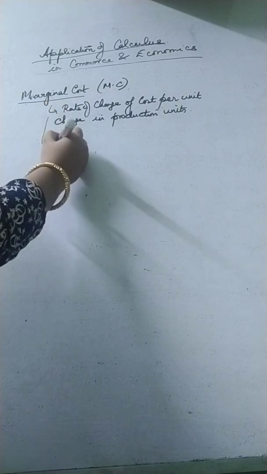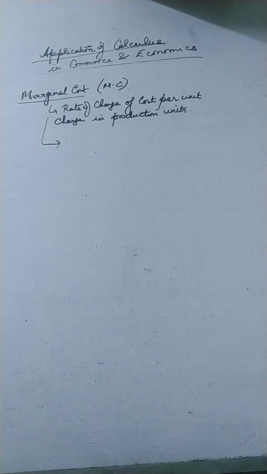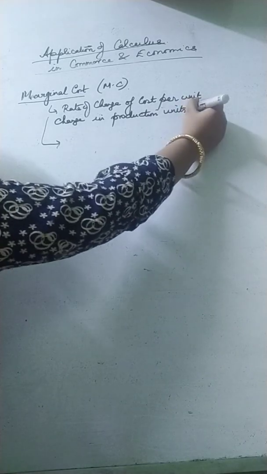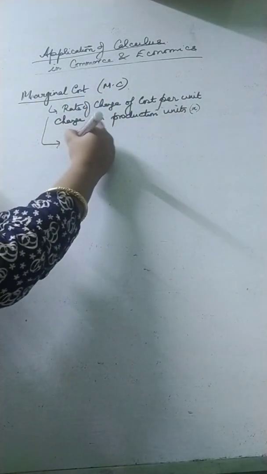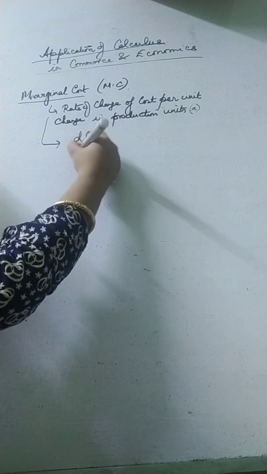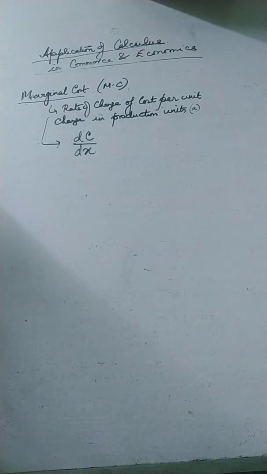And rate, as you know, means rate of change of quantities. dy dx is the rate of change of y with respect to x. Similarly here, production units is your x, and the rate of change of cost, where cost means the cost function, is the derivative of the cost function. That is, dc dx will give you the marginal cost involved.